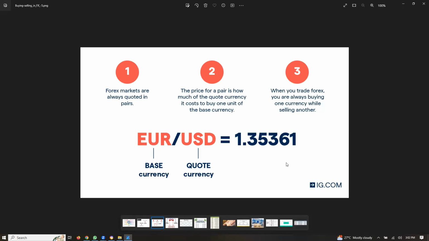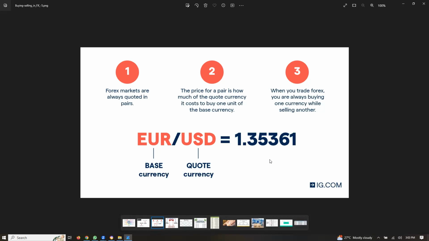So in order for you to buy 1 unit of the first currency, which is the euro, you must have 1.35361 US dollars to exchange for that.